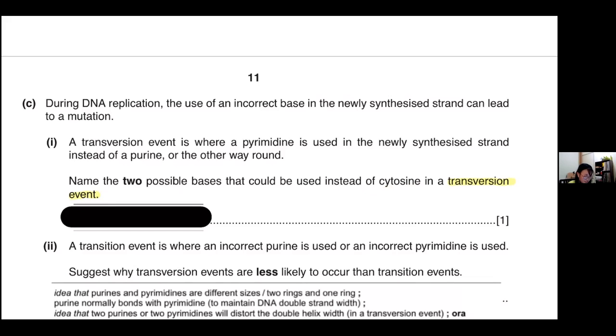Cytosine is a pyrimidine. Yes, guanine, and one more. No, uracil is a pyrimidine.